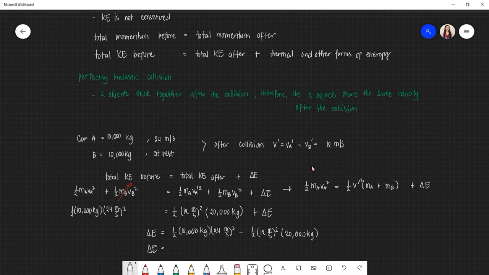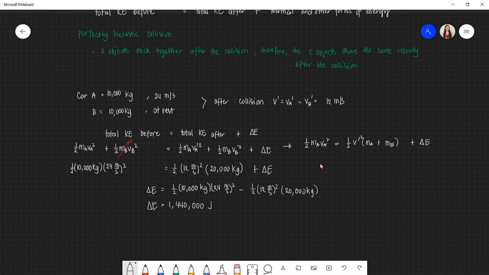Okay, so that's 1,440,000 joules, or you can write that as 1.44 times 10 to the power of 6 joules, or 1.44 megajoules. So this is the energy that was transformed to other forms of energy.